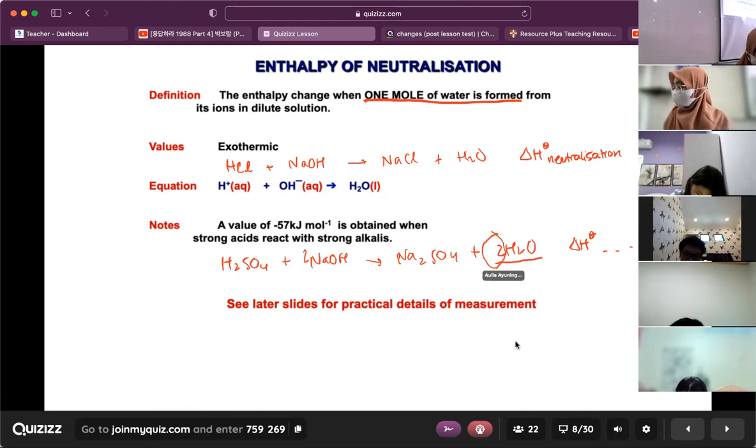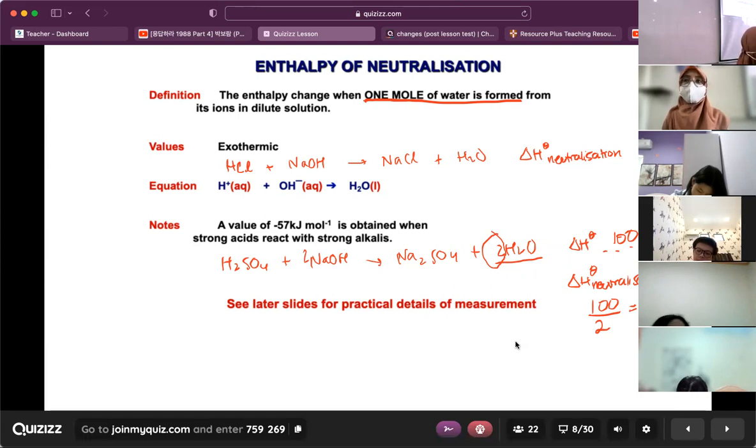Let's say the delta H value is 100. What is the delta H of neutralization of this reaction? You have to divide it by 2. 100 divided by 2 is 50 kilojoules per mole. Be careful with the chemical equation.